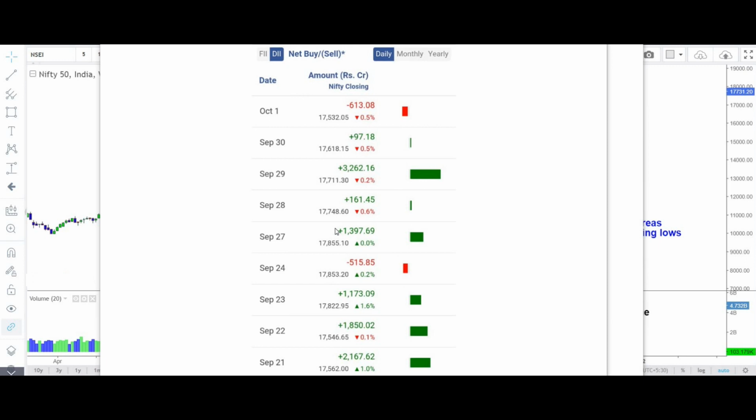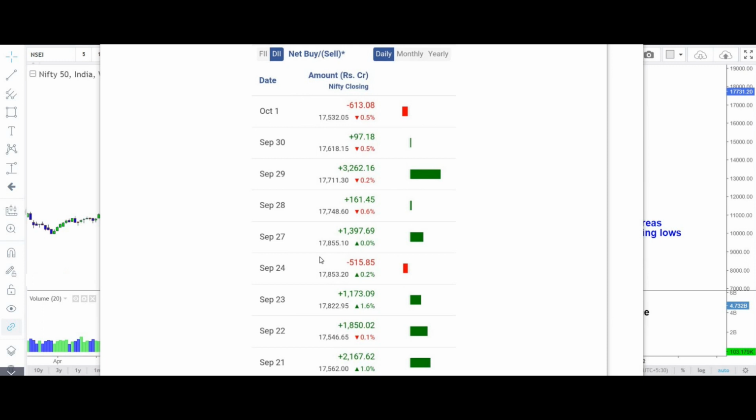The DIIs are consistently buying the stocks. From September 27th all the way till September 30th, they have consistently purchased the stocks, and maybe their buying activity is what is really pushing the prices of Nifty 50 higher. But I don't think that is likely to sustain for a very long time.